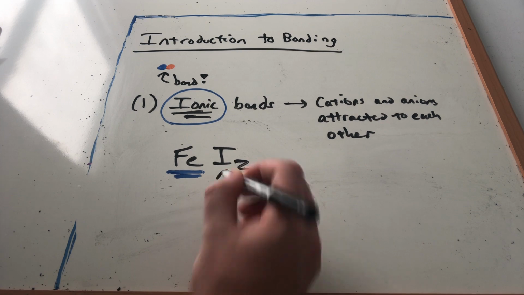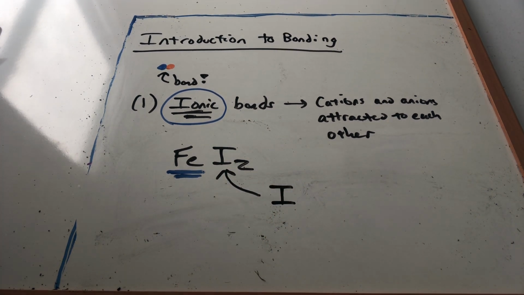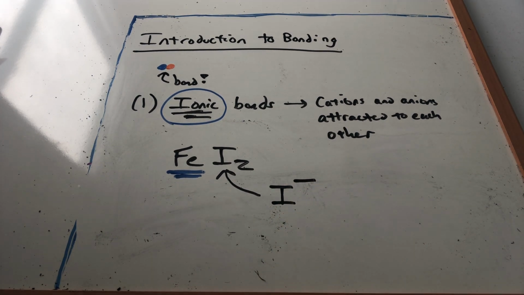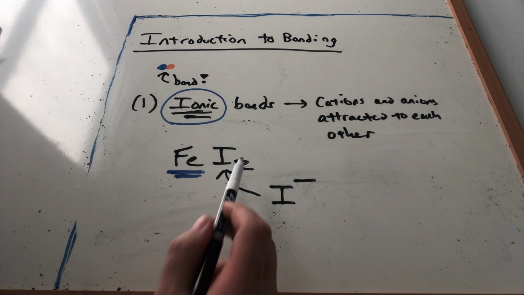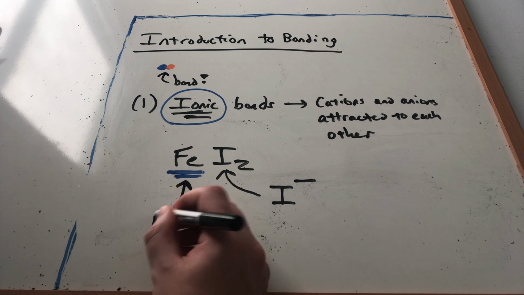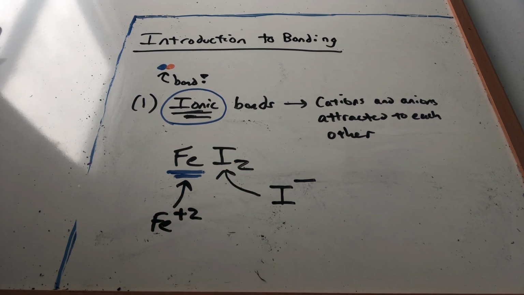And what do we see? We see that I is a halogen. And what do we know about halogens? We know that halogens exist in group 7A, and they like to be -1. So there's two -1s here. So what does that mean about Fe? That means that this particular Fe must be +2.